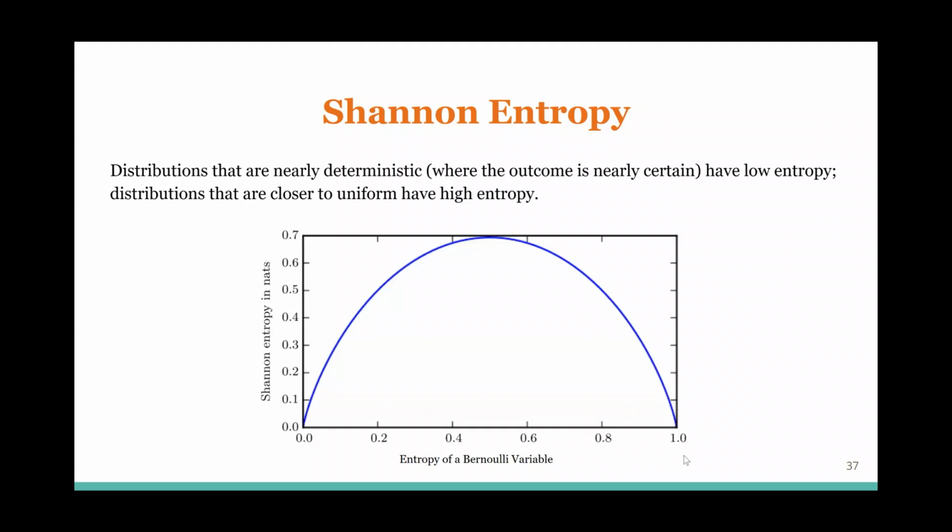And over here, when the probability is 1, even here it is nearly deterministic and entropy is 0. But over here it's high. The entropy is maximal because the probability over here is 0.5 for a Bernoulli variable, and the distribution is uniform. So this is an example to show how Shannon entropy behaves.